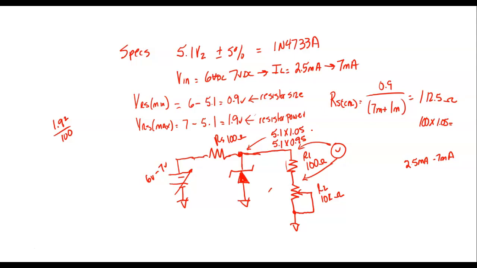So what should be the maximum I measure right here, and the Zener still be within tolerance? 5.3 what? And then multiply it by 0.95, what should be the minimum that measures? About 4.8 something. 4.8.